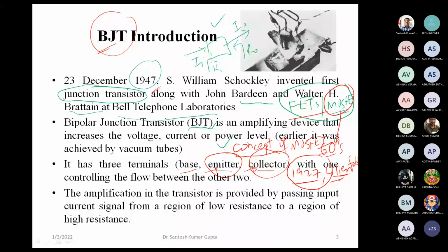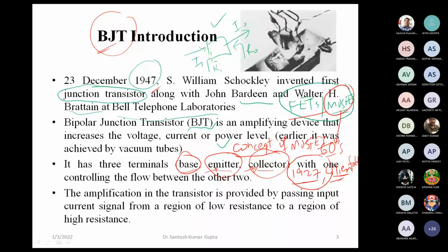So the emitter here is emitting the electrons or say holes, and that is being collected by the collector. And the base is something which is going to regulate the rate of emission or collection of these charge carriers, electrons or holes.